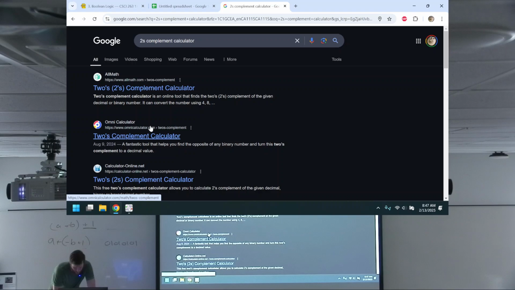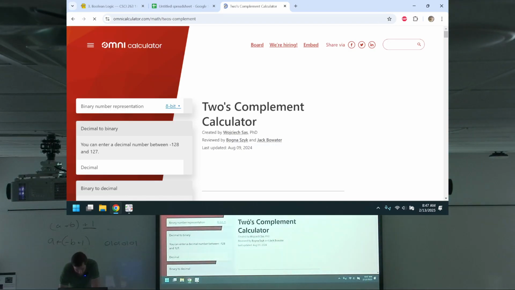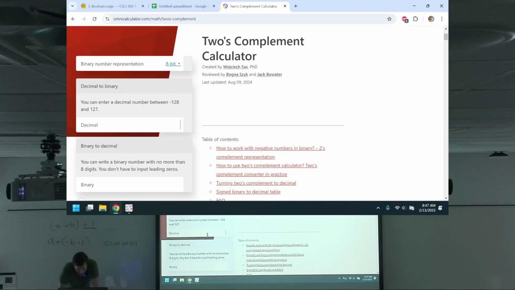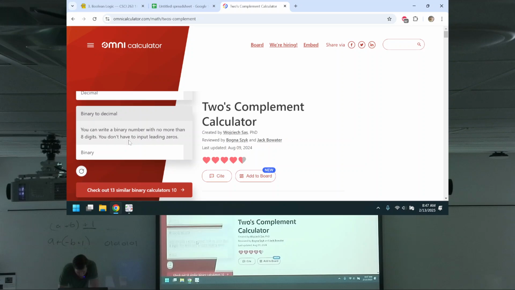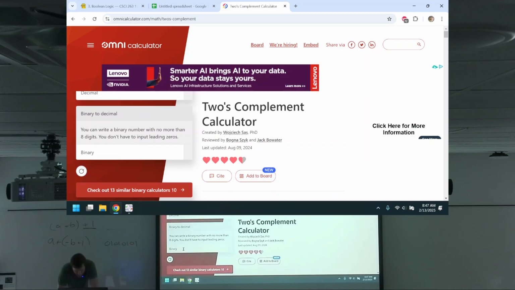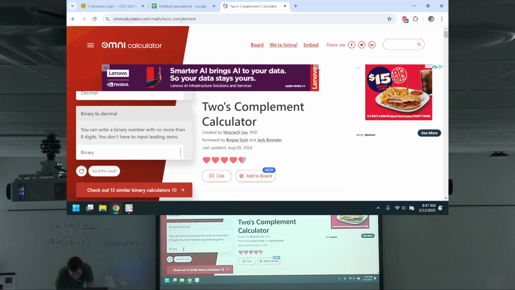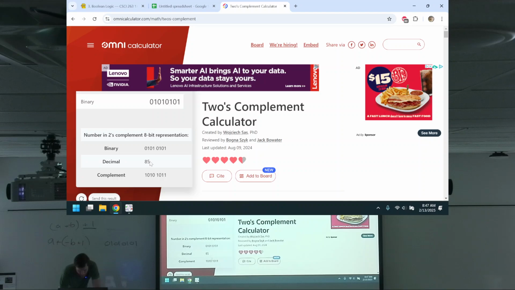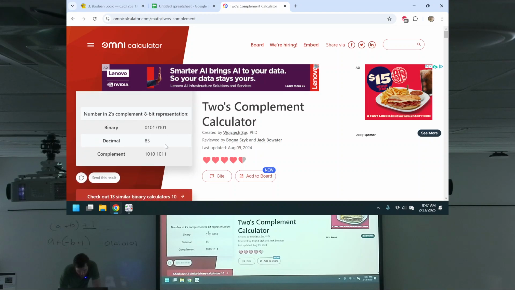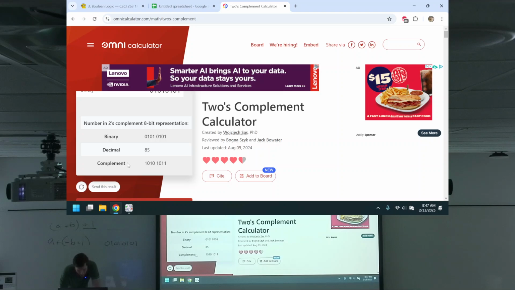I want to convert the binary to decimal. 0, 1, 0, 1, 0, 1, 0, 1 is 85. And it's telling me the complement. But no, I want.